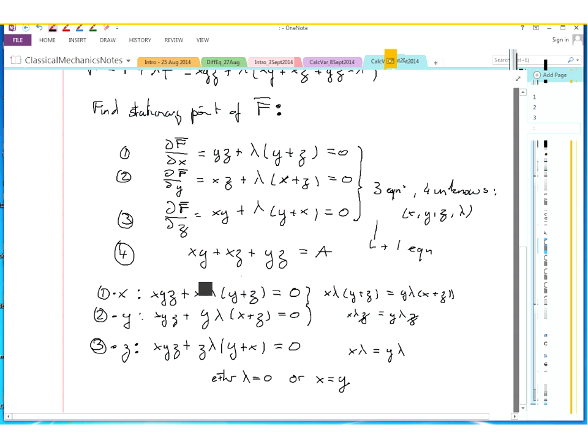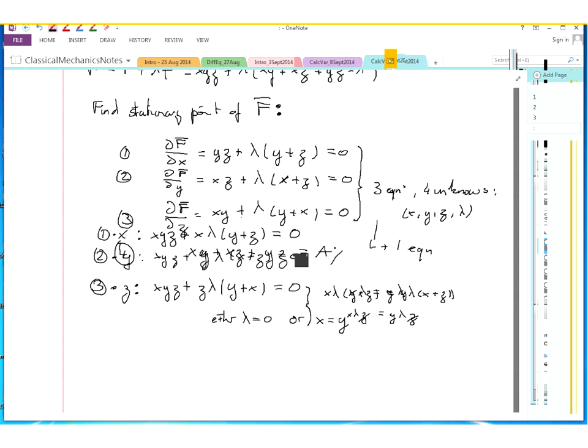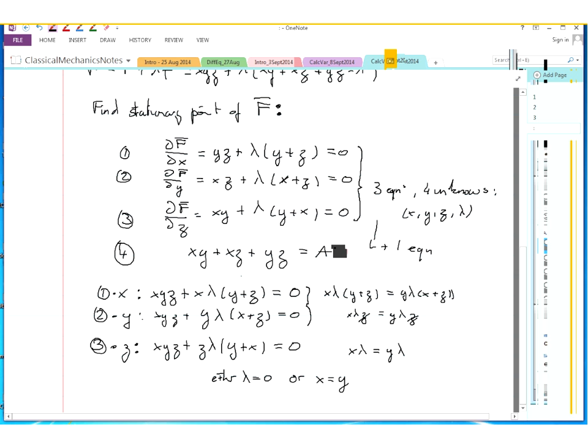If lambda equals 0, that means this term here is 0. And so if lambda is 0, this term here has to be 0 as well. And these equations are all the same, and so what you'll find is that x, y, and z are also equal to 0. And this is a perfectly valid solution. Well, one of the variables will not be 0 because of the a here.